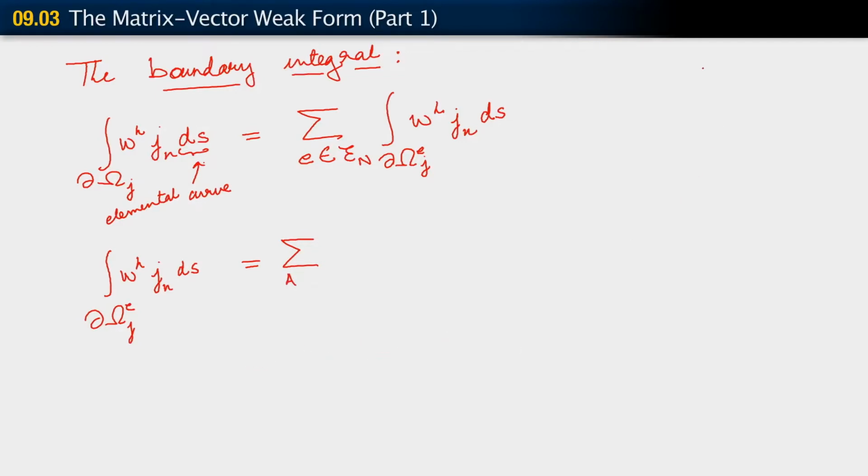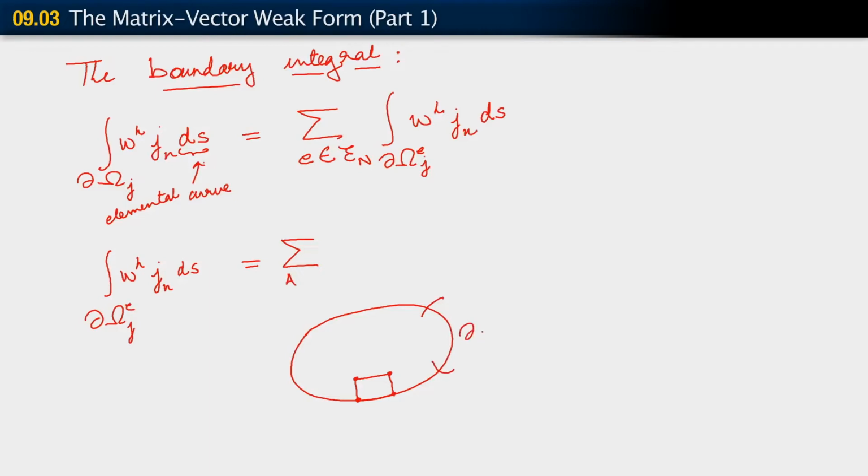we recall things that we'd noticed before. One of the things we'd noticed before was that if this is our domain and this were the element that we were concerned with, only some of the nodes lie on the relevant boundary.